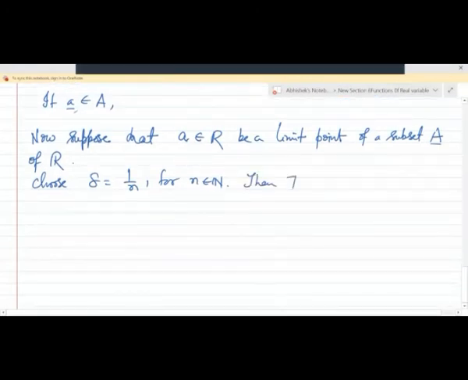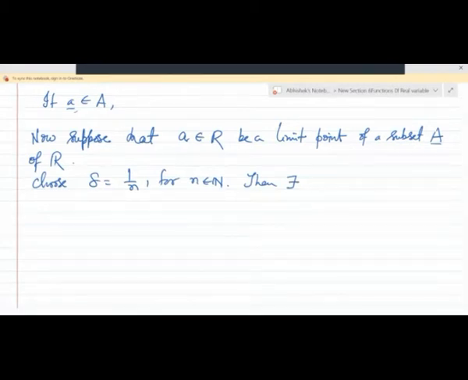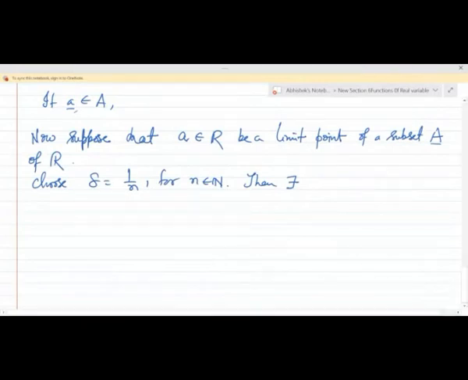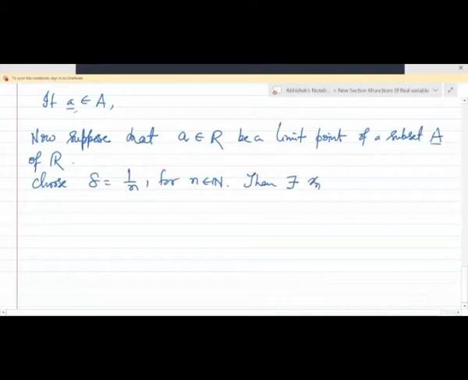Then there exists a point x naught which is not equal to A, but in the set capital A, such that the distance from that point to A will be less than 1 by n. So we are denoting for each n that point as xn. So there exists xn belongs to A such that xn not equal to A, such that modulus of xn minus A is less than 1 by n, right?